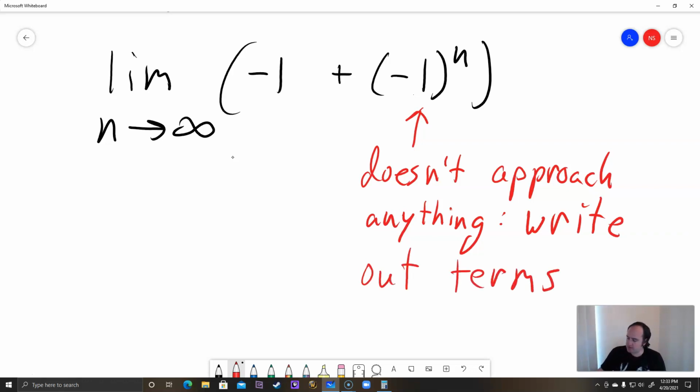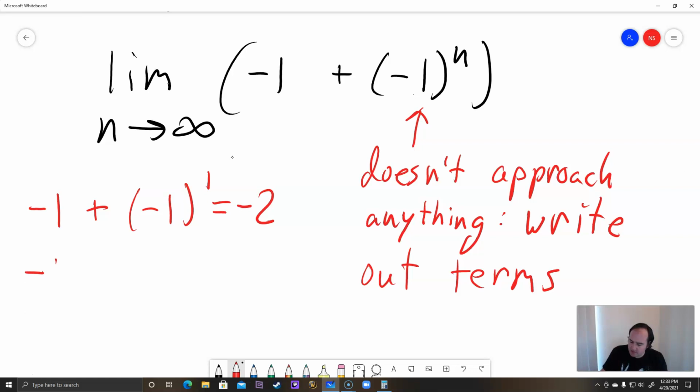So what are the terms of this sequence going to be? Well, the first term is going to be -1 plus (-1) to the 1. So that's -1 minus 1, which is -2.